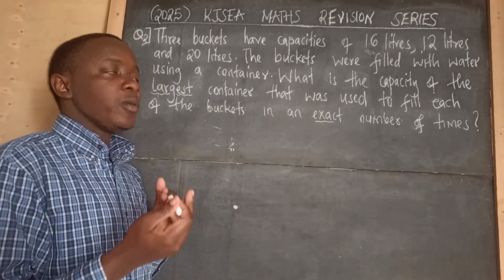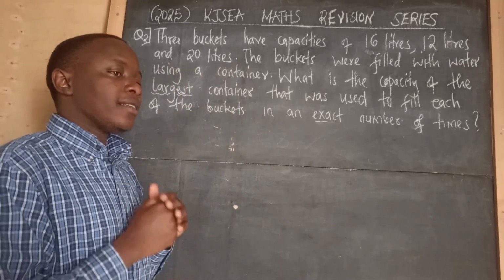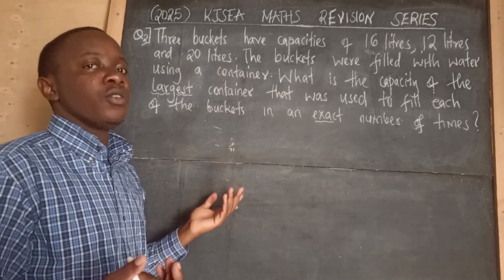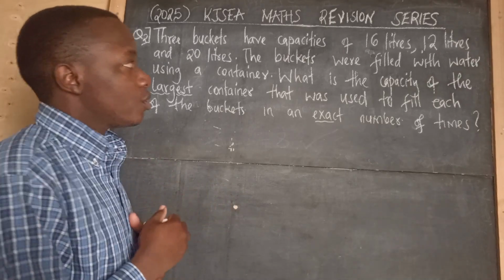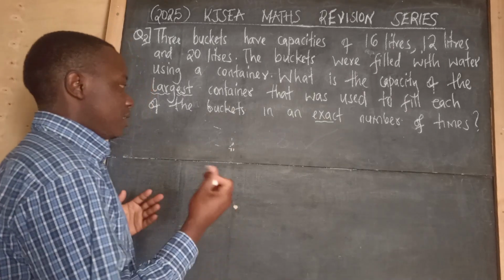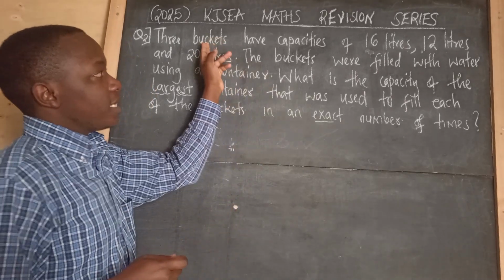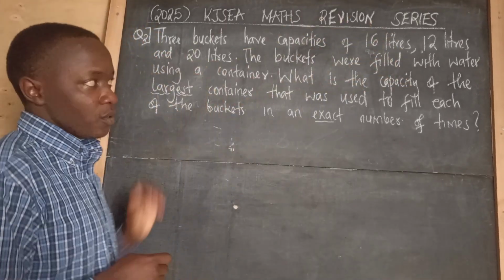Now, there are many ways we can find the GCD of 16, 12, and 20, but I'm going to use one that is very commonly known. So I'm not going to use the factor method. It's part of the factor method, but this is how I'm going to do it. So my buckets are of 16 liters, 12 liters, and 20 liters.